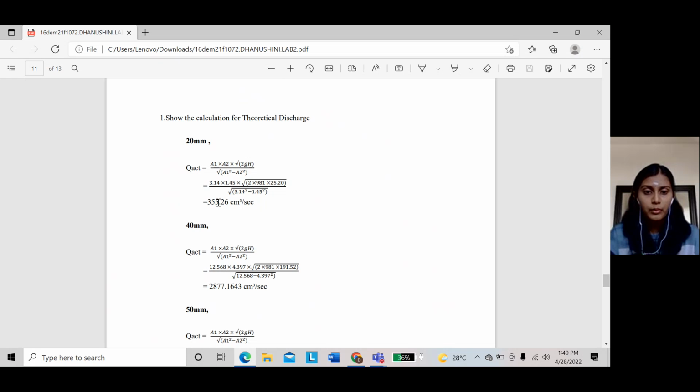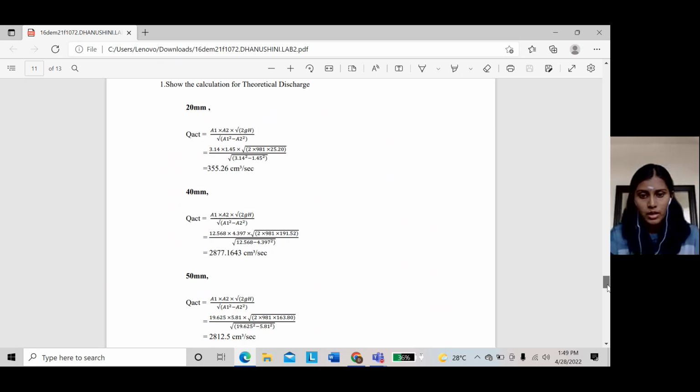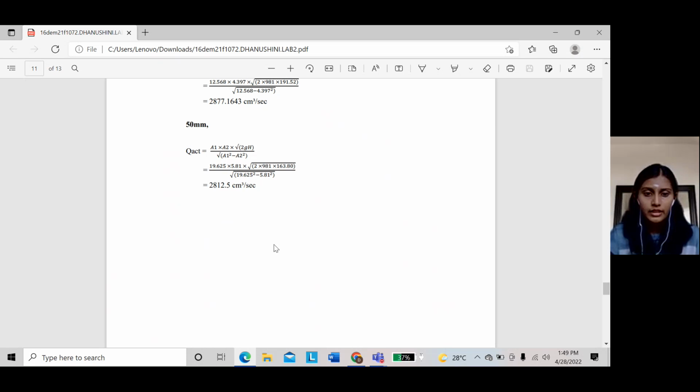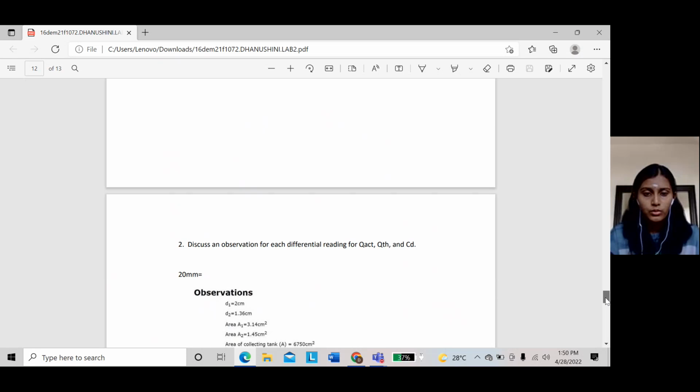I get 355.26 centimeter cube per second. Same for 40 mm, I get 2877.1643 centimeter cube per second. For 50 mm, I get 2812.5 centimeter cube per second.